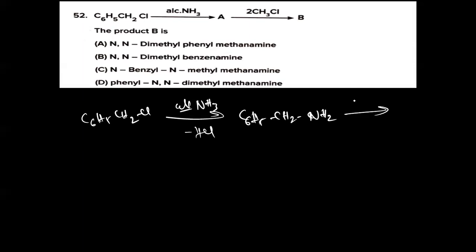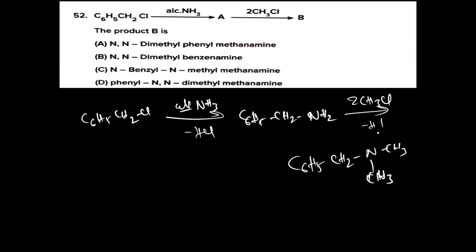Then this is on treating with two molecules of chloromethane or methyl chloride, which gives C6H5CH2N(CH3)2. One more HCl is liberated: hydrogen reacts with chlorine to give HCl and H is replaced by the CH3 alkyl group. So for question number 52 it's option A, N,N-dimethyl phenylmethanamine.